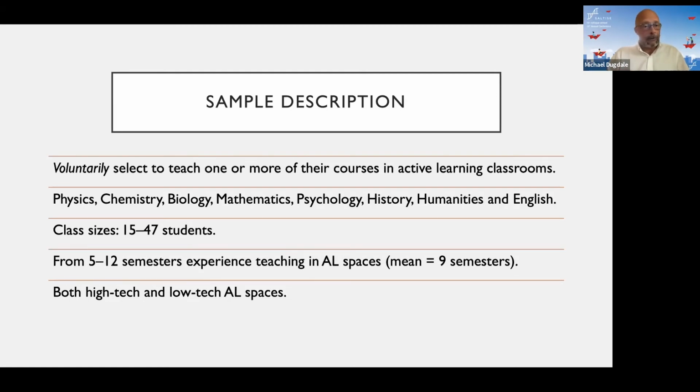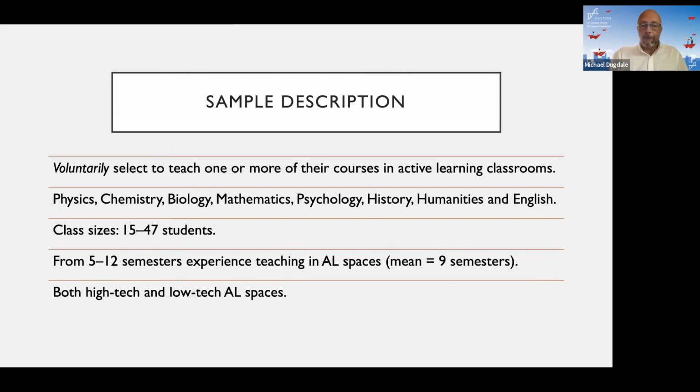We got teachers from physics, chemistry, biology, mathematics, psychology, history, humanities, and English. And the class sizes ranged from 15 to 47 students. And none of the teachers were brand new to teaching in active learning contexts.